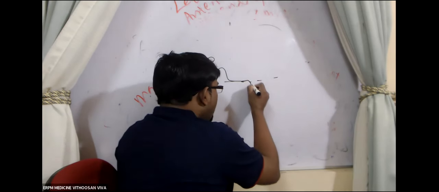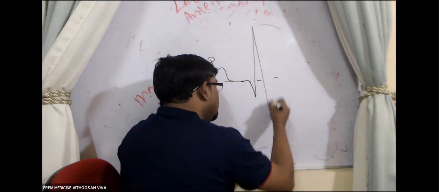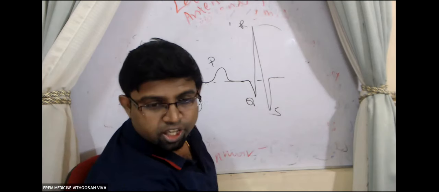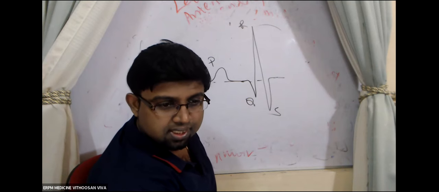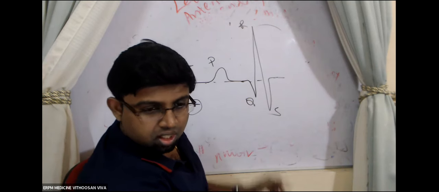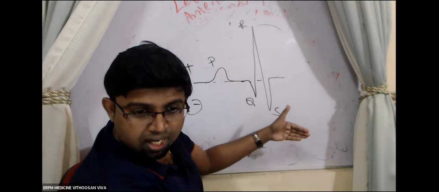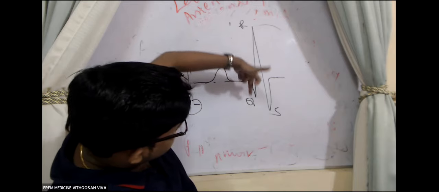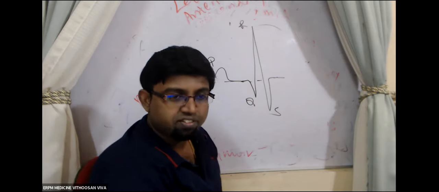Then you have a complex called QRS complex. What is the Q wave? It's not always there; only at some points it's there. This is the first negative deflection after the P wave.